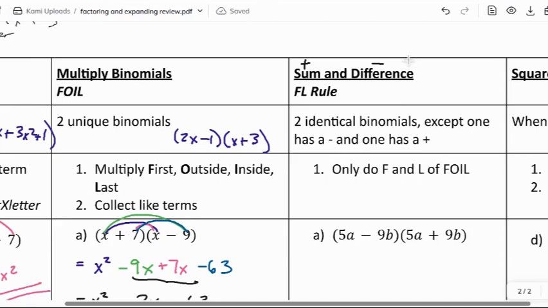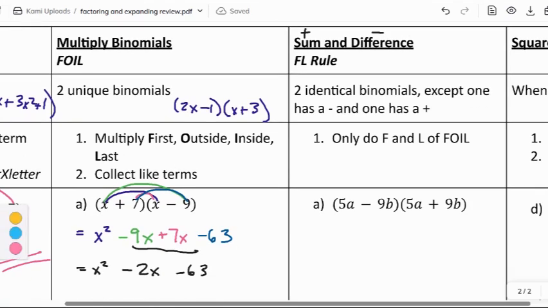That's the really important piece. Sum and difference means there's a sum and there's a difference. I have two identical binomials, but one is a sum and one is a difference.